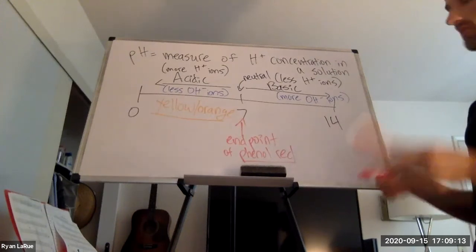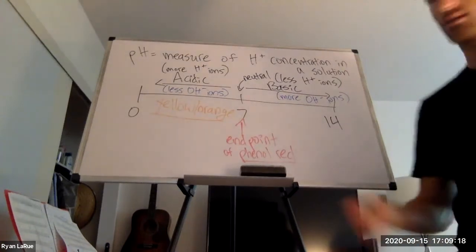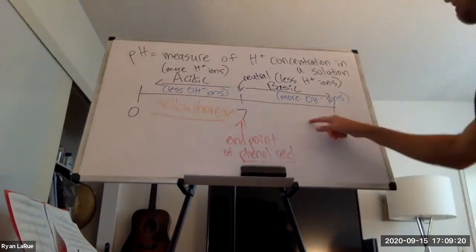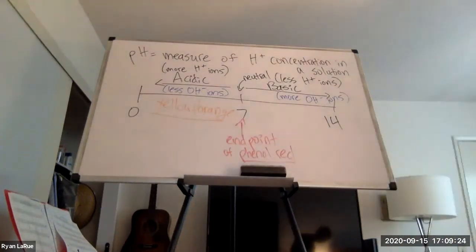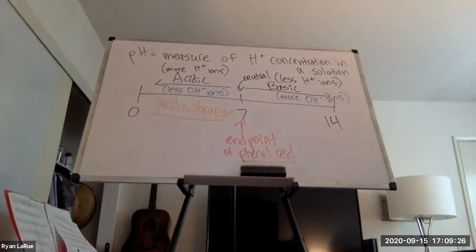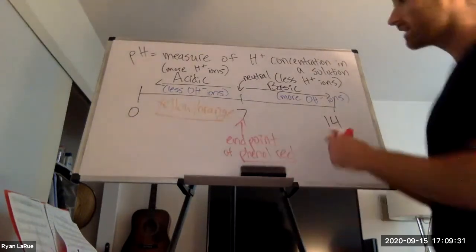Next, we got to talk about the other situation, which is when our pH goes up and our solution becomes more basic. In the presence of phenol red, our liquid is going to turn pink.